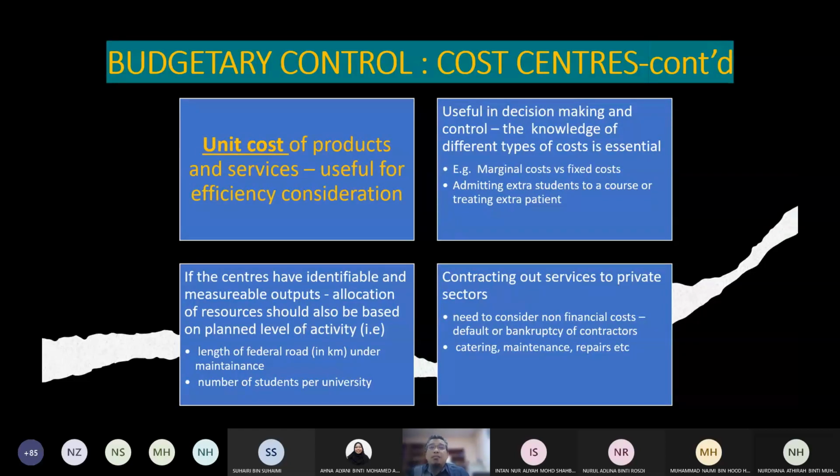So that's why the initiative is there, as I mentioned earlier, that with MBS they introduced the micro accounting system. If you remember, one of the performance items in the program agreement was unit cost. So to help all government agencies prepare the information, they introduced the micro accounting system as a costing system.